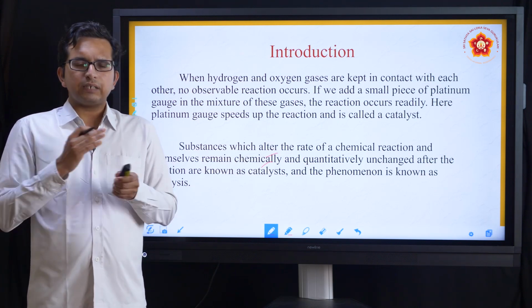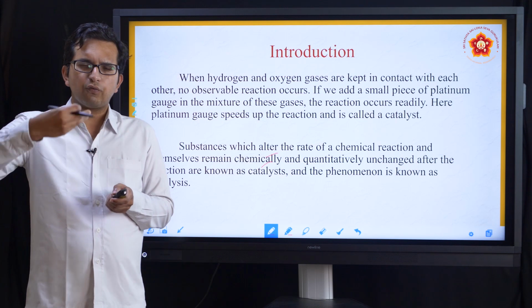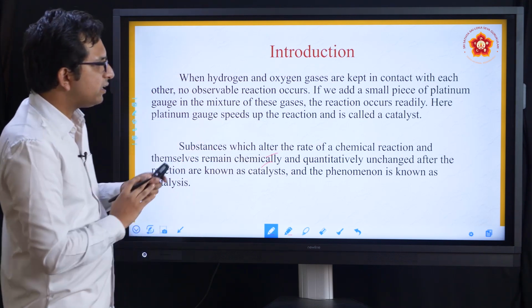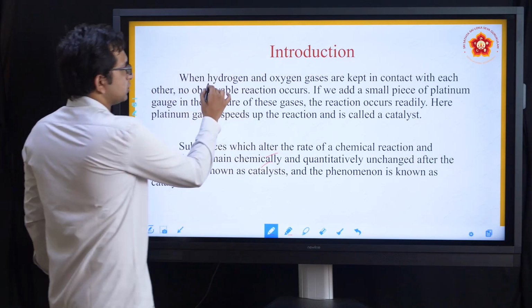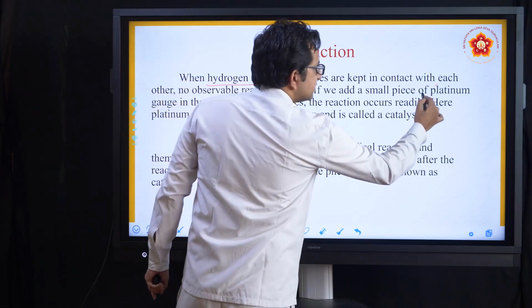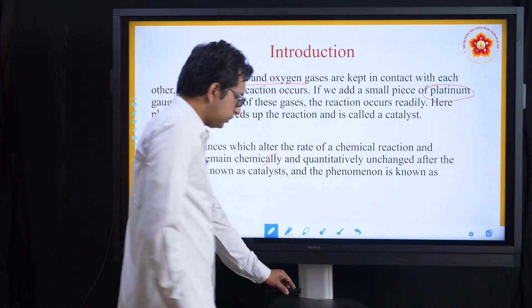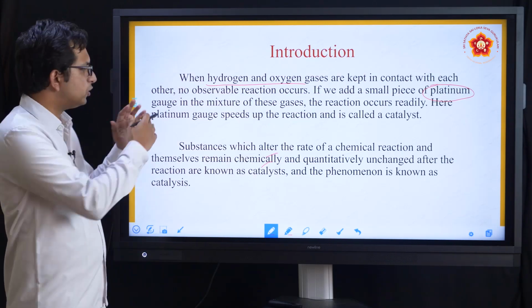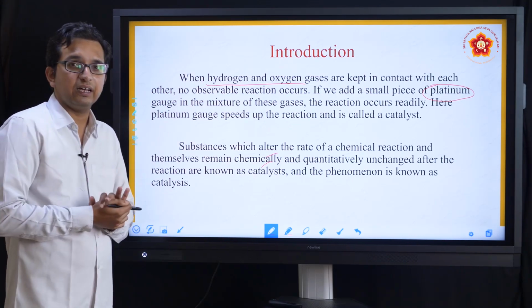Some reactions need materials which can keep them in continuity. So especially when hydrogen and oxygen are present, you need a catalyst like platinum. Platinum sees to it that the reaction between those two occurs very readily.